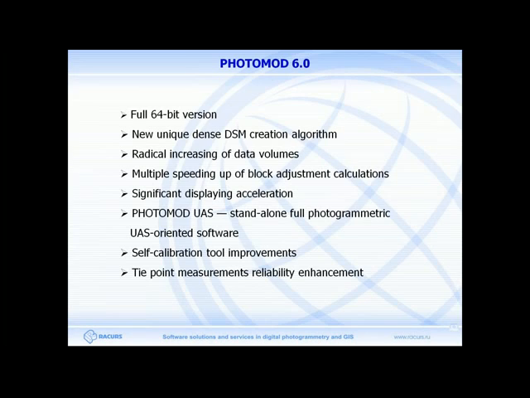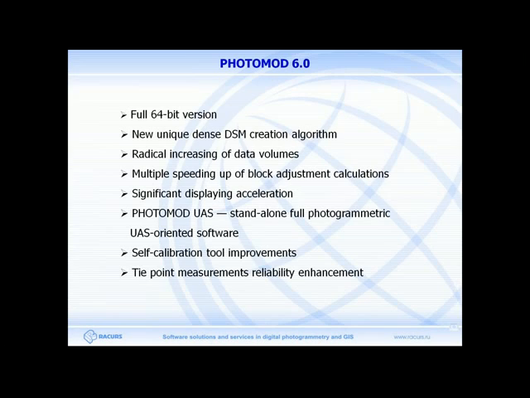After completing the transition to the 64-bit platform, it became possible to provide a manifold increase in volumes of 3D vectors for visualization and editing. In addition, the reliability of tie points measurement was enhanced, self-calibration of the camera optimized, and the block adjustment process sped up.